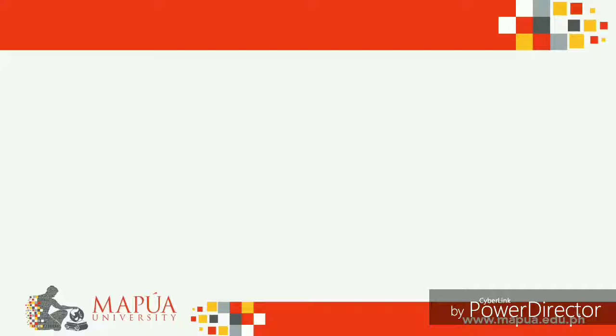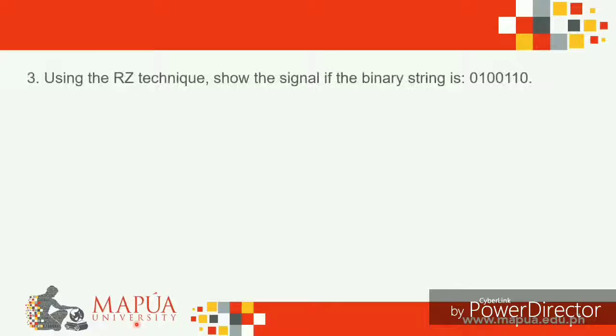Example number 3. Using the RZ technique, show the signal if the binary string is 01001110. This example was also like the previous ones, which is only the conversion of a binary string to an output signal.